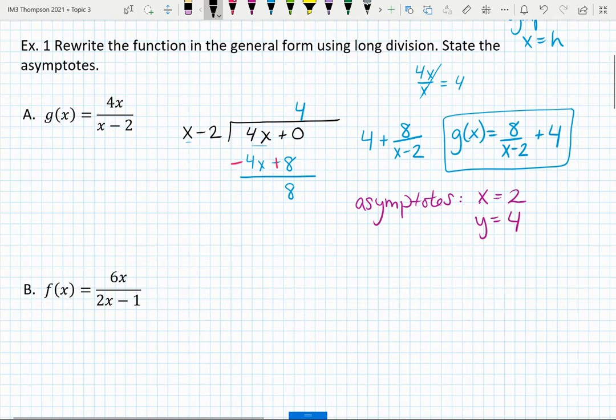So I'm going to set you up and then I'm going to pause and let you work this out without my assistance. So it's going to be 6x, and since I don't have a constant, I skip over that value. I'm going to put a 0 there. So see if you can just do the long division part.